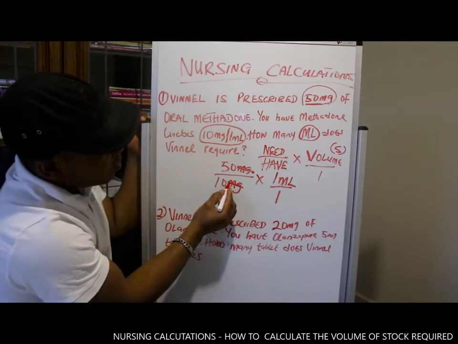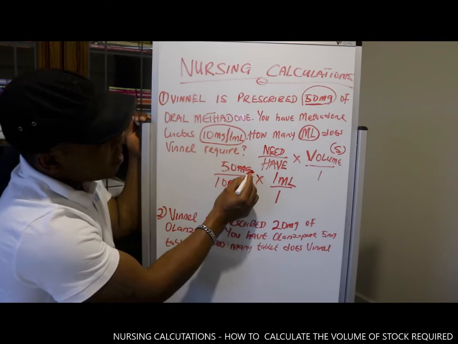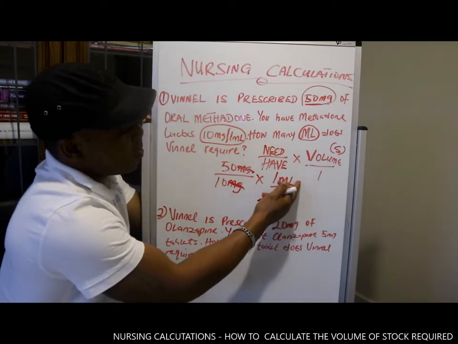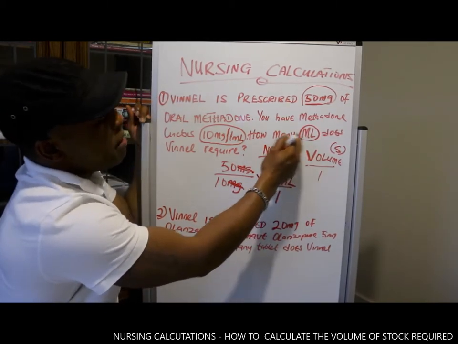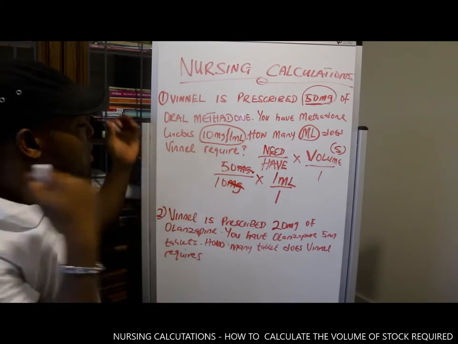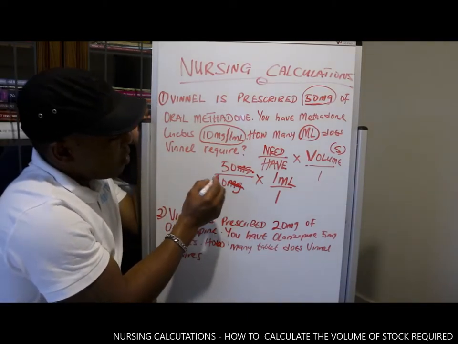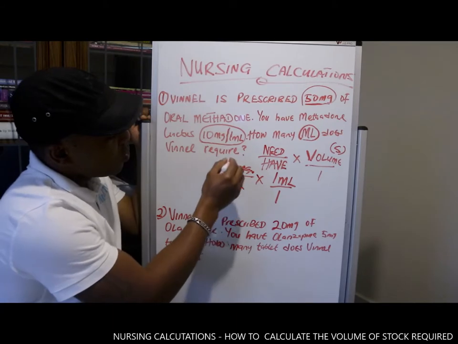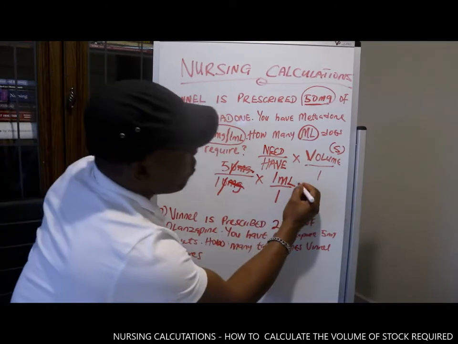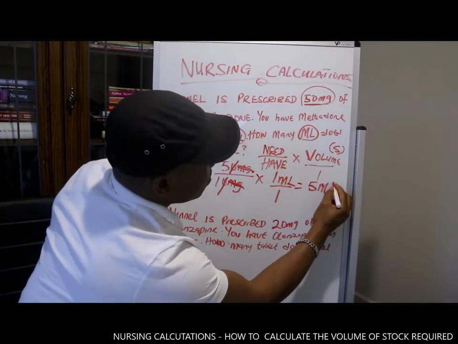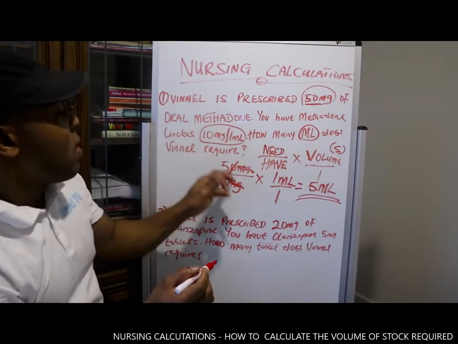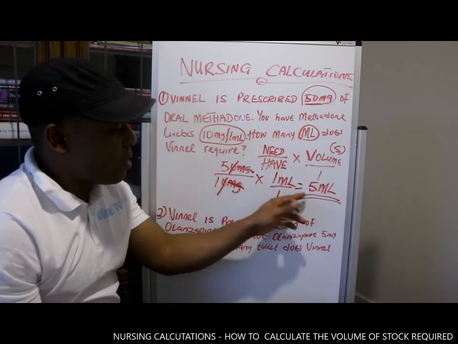Then cancel 0 with 0, which leaves 5. 5 times 1 is equal to 5 ml. So the volume Vinyl requires is 5 ml.